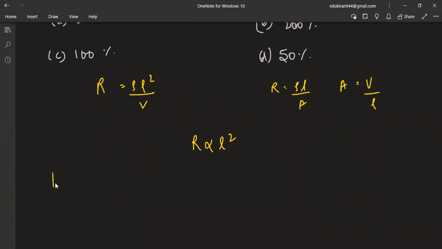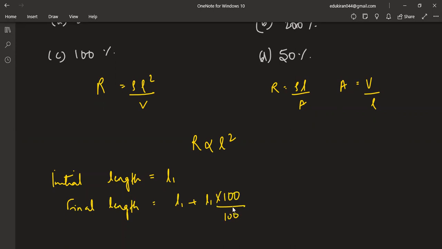See, let's say initial length is L1. So final length will become, it's 100% increased, so it will double. Completely it has increased. It's like L1 plus L1 into 100 by 100, that is L1 plus L1, that is 2L1. So it has doubled.